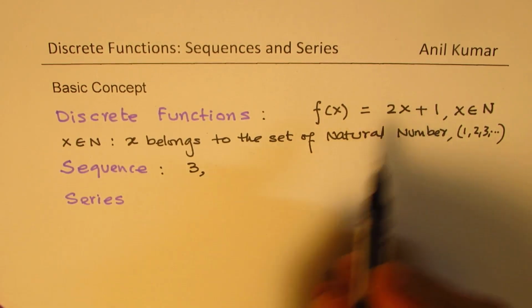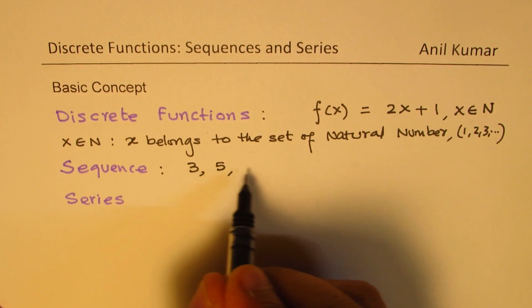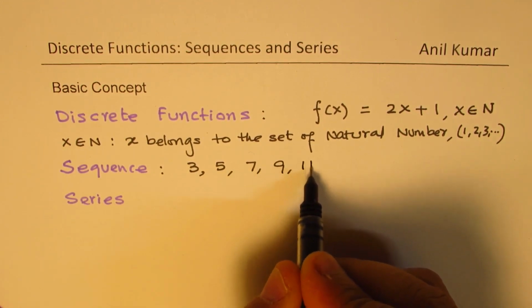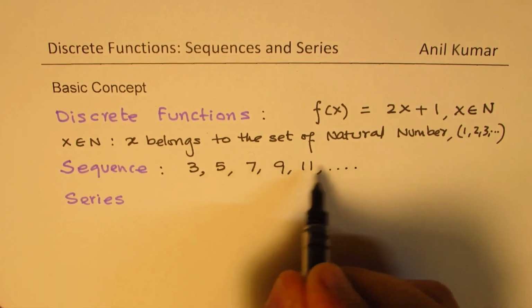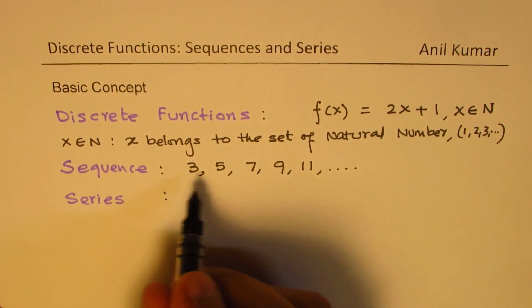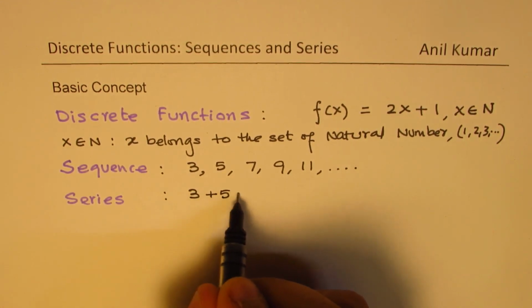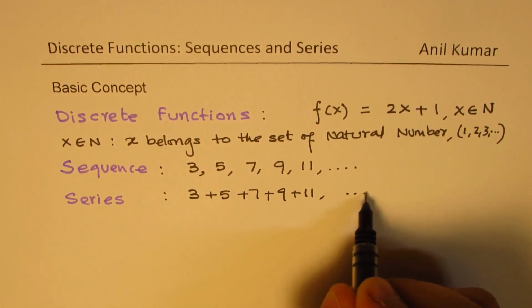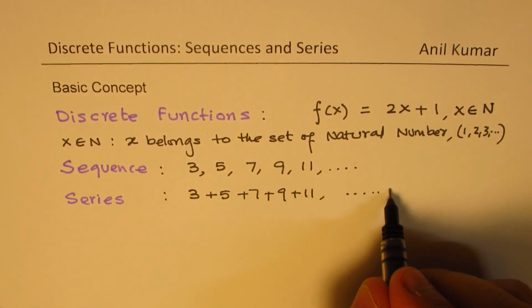And then if I put 2, I get 5. So every time it is increasing by 2, right? So we could write this. Now if I write like this, that is a sequence. Correct? The same thing if I write like this, 3 plus 5 plus 7 plus 9 plus 11 till, let's say some term, 21.